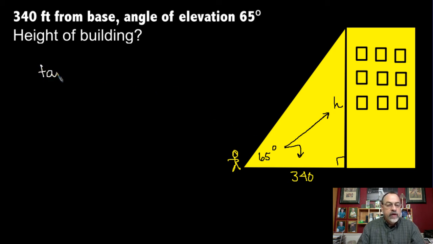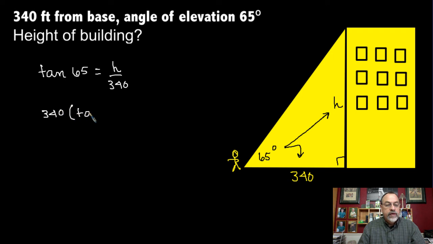So we can use that ratio. The tangent of a 65-degree angle is equal to the opposite side, which is in this case the height, over the adjacent side, which is 340. I now have that trigonometric equation that I simply solve, multiplying both sides by 340.